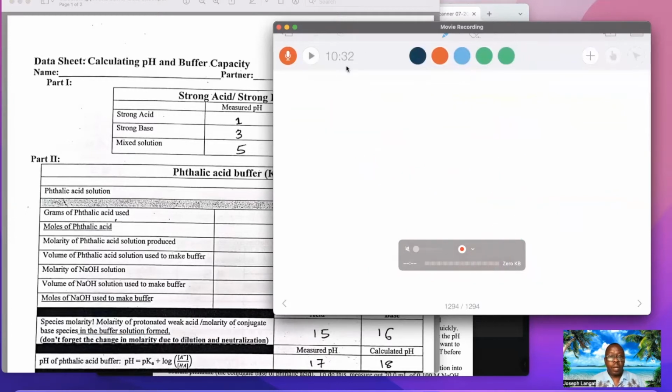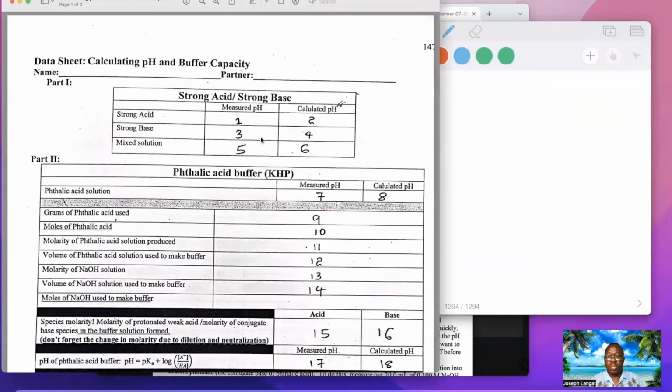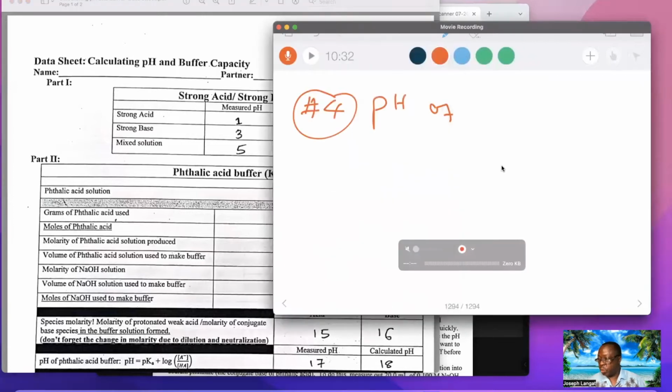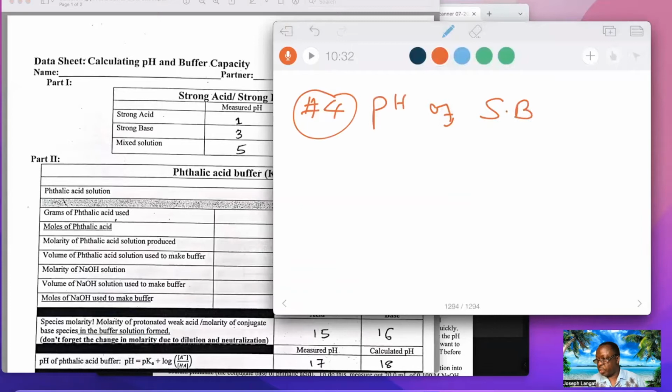For number 4, this is the pH of a strong base.